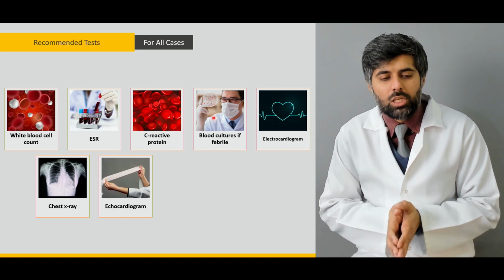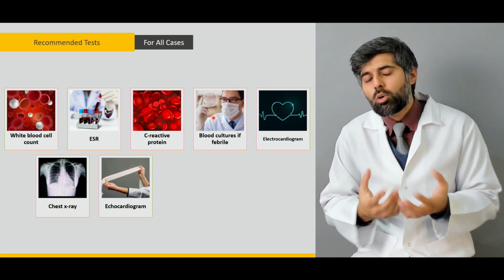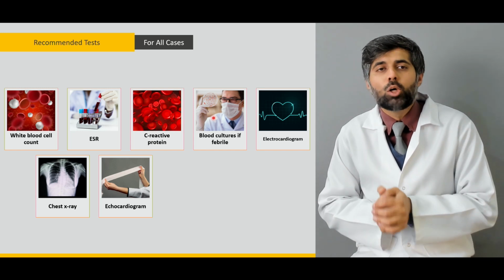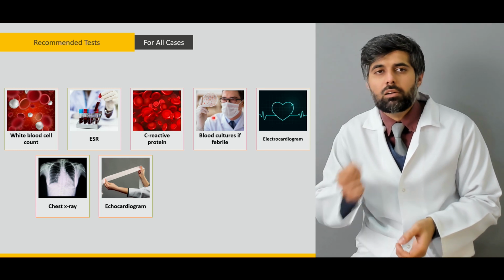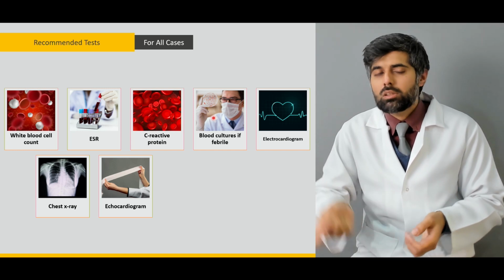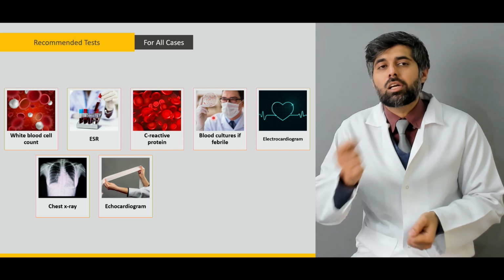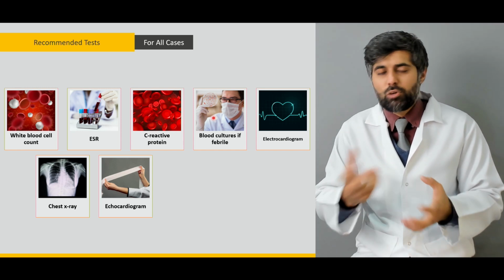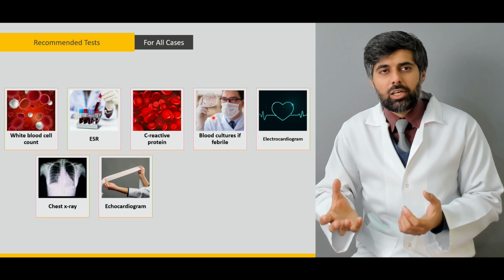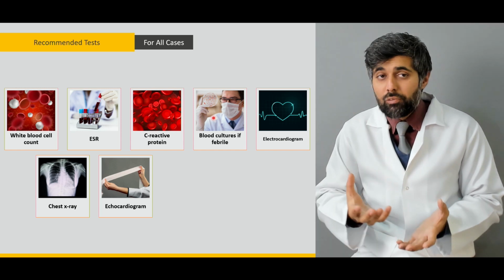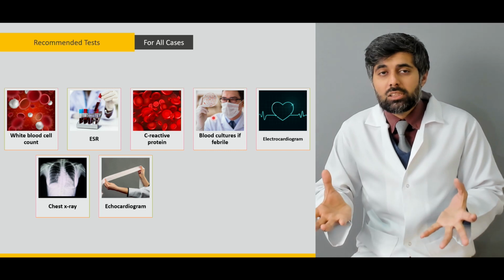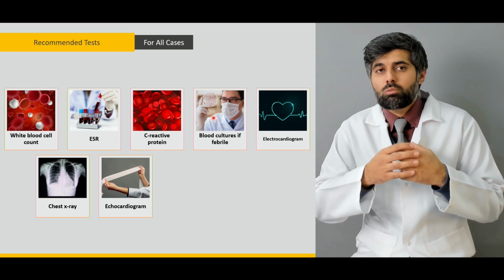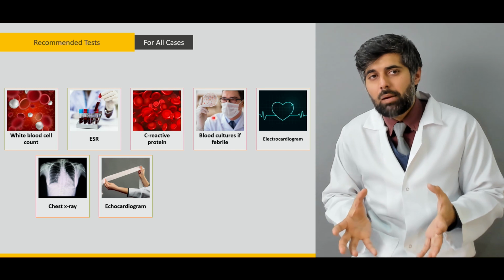Then we perform the echocardiogram. Echocardiogram again is performed to confirm the diagnosis of rheumatic heart disease, because on echocardiogram we confirm which valve is affected, which leaflet, one leaflet, both leaflets are affected, and what is the extent of the damage.